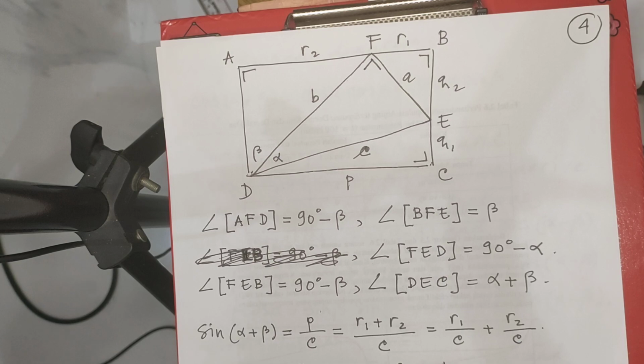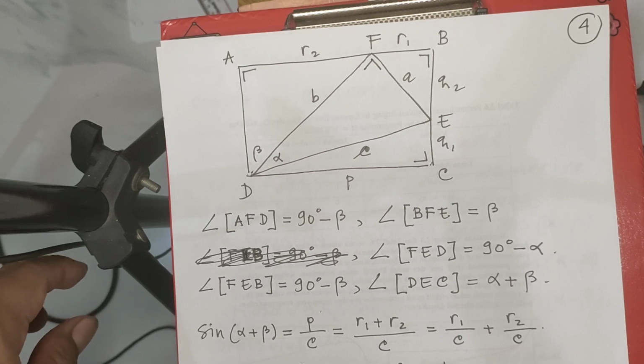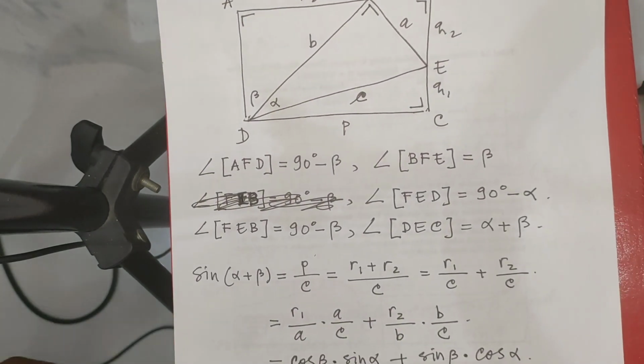Now, using this, we will have the fact that angle AFD is 90 minus beta, and angle BFA is equal to beta, of course. And angle FED is equal to 90 minus alpha, and angle FEB equal to 90 minus beta.